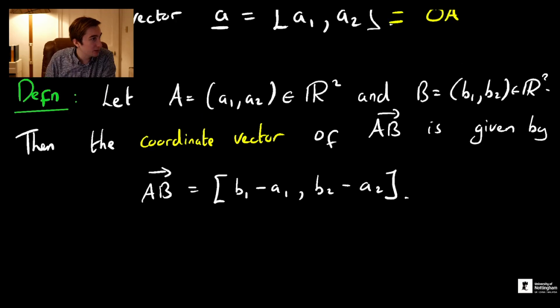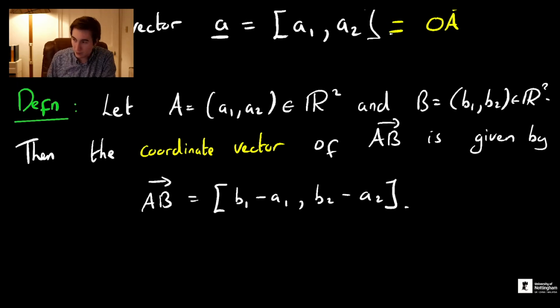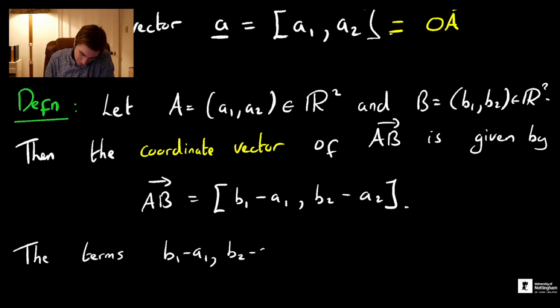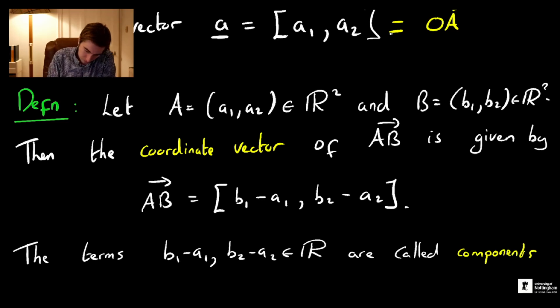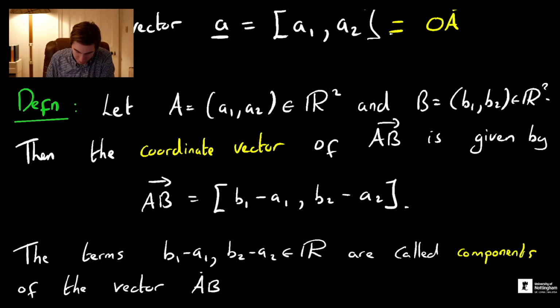We call the elements inside this vector AB its components. So the terms b1 minus a1 and b2 minus a2, which are both real numbers here, are called components of the vector. This is the vector AB.